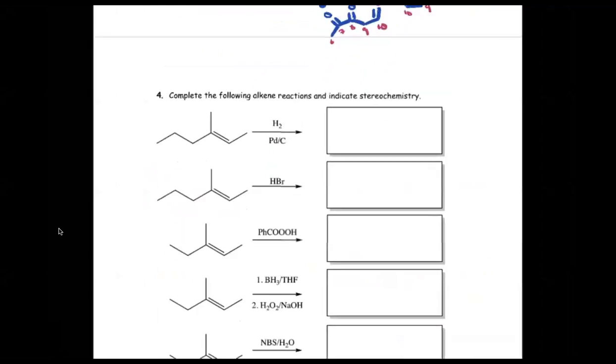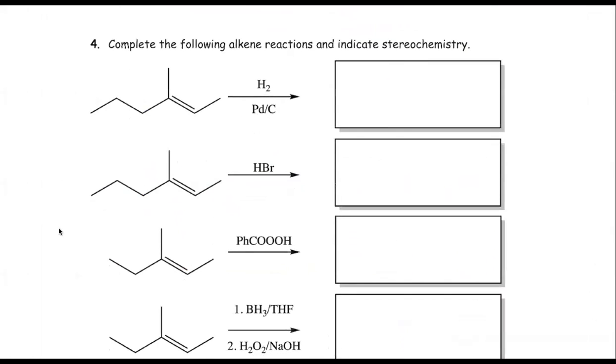Okay, so now we have some alkene reactions and we want to identify any possible stereoisomers. So first of all, we're doing H2 and Pd/C onto this guy. Essentially, remember I'm going to be reducing this to the single bonds.